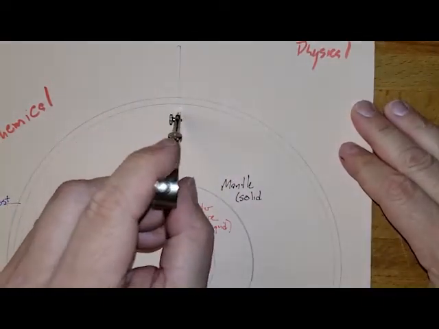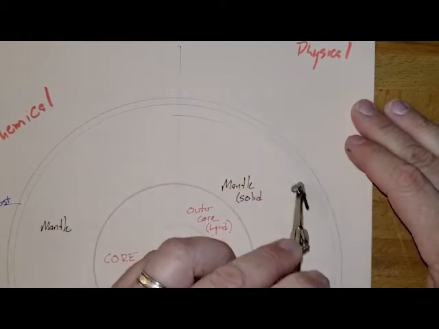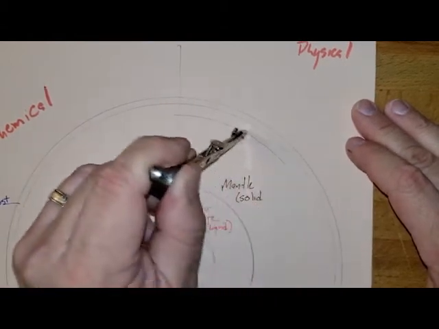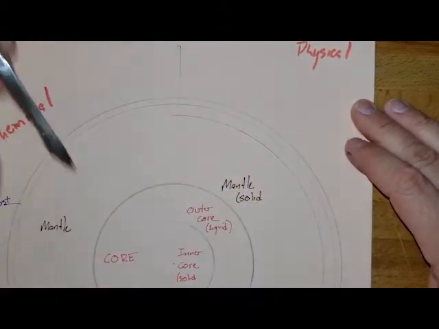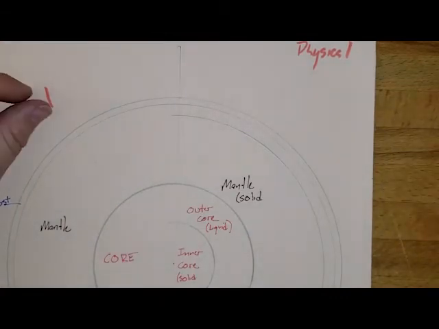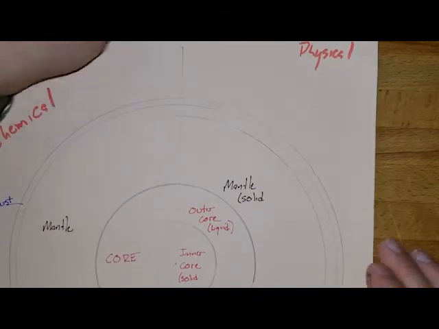Of course, none of this is really to scale. So we have the outer part of our mantle, the upper mantle, and we have our crustal material out here.